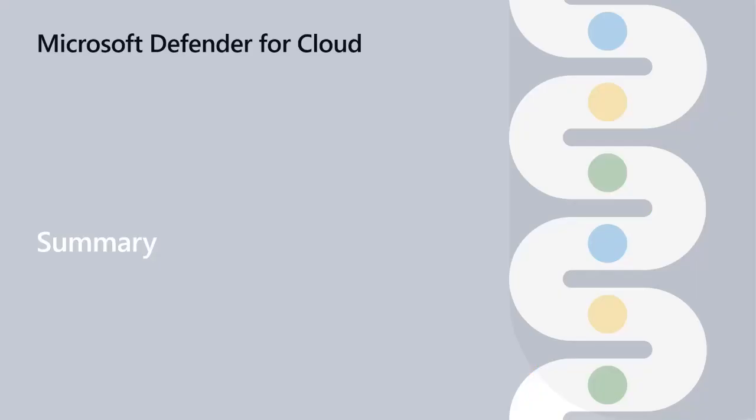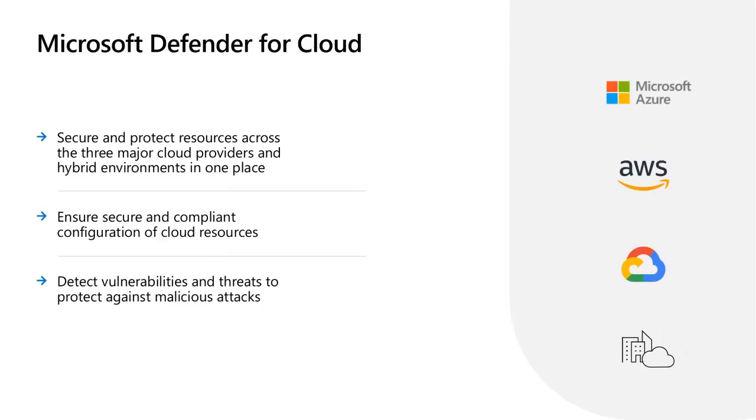So to summarize, we are now in a position that we cover three main clouds: Microsoft Azure, AWS, and GCP, and we have good coverage for on-prem using Azure Arc. You can secure and protect your resources in all three major clouds and in hybrid environments.